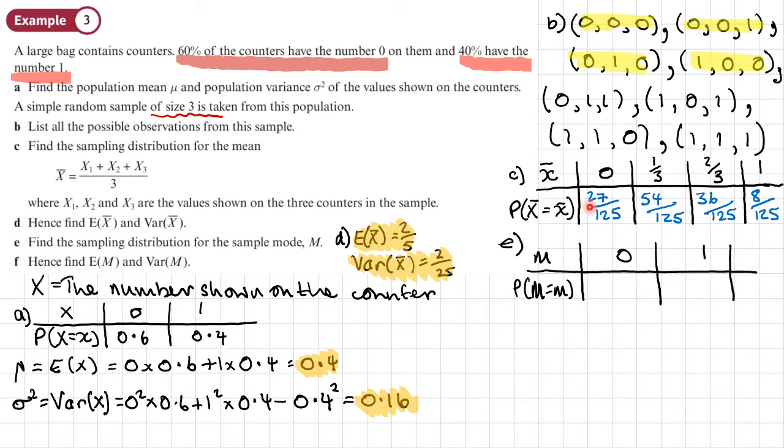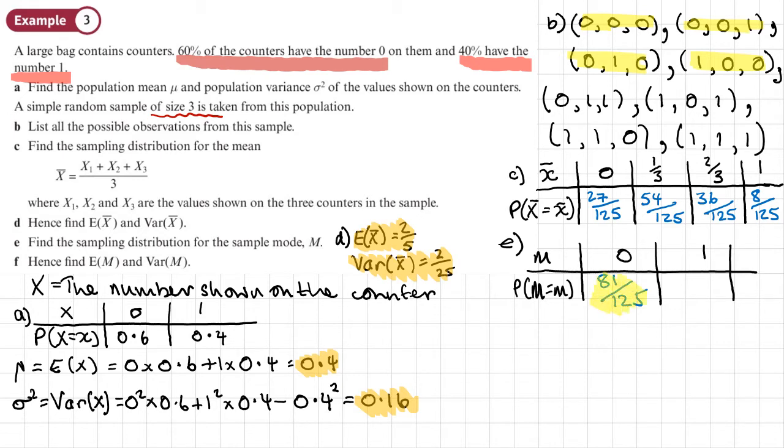So in these cases here, the mode is going to be 0. So 27 over 125 plus 54 over 125 is 81 over 125. Okay, so I'll just color code it so you can see, with a highlighter rather than a yellow pen there.